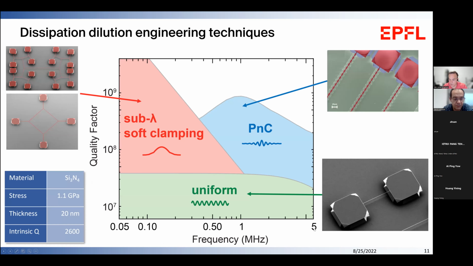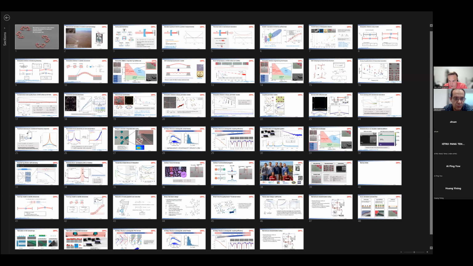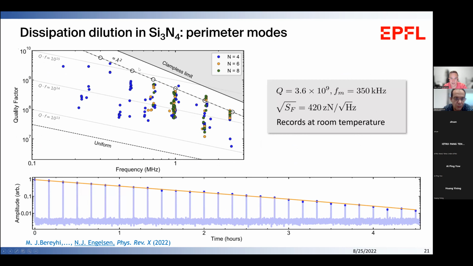And for the second question, you asked if there is contamination, will it degrade the Q? The answer is generally yes. Let me show you some of the data. If you look at this survey of quality factors, you can see that only some of our devices reach the simulated Q. And even this is a selection of all the Qs that we measured.